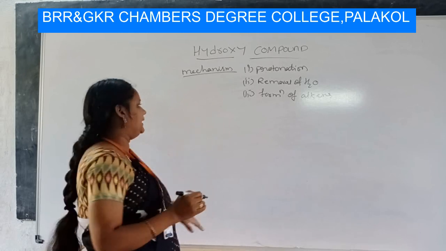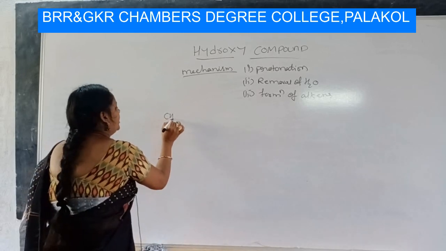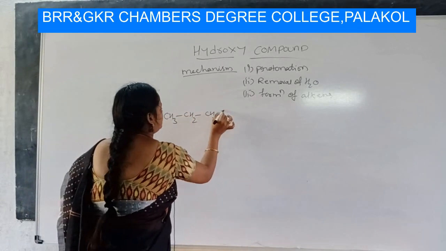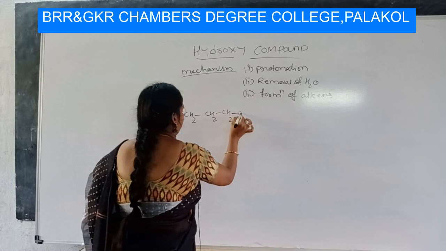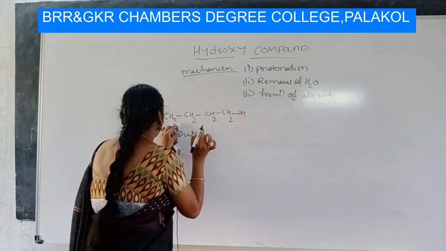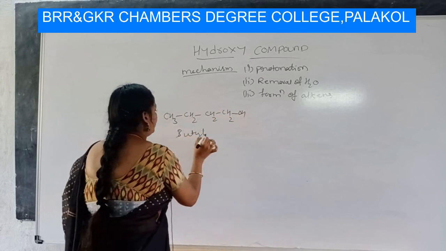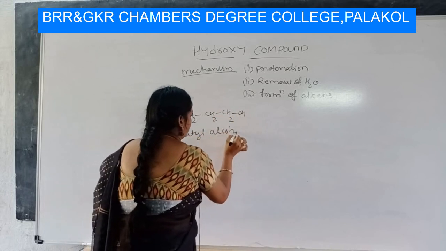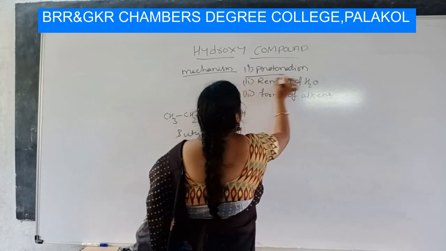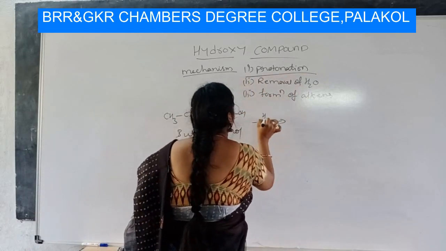For example, if you take CH3CH2CH2CH2OH, normal butyl alcohol, what happens? In the first step, what do we have to do, students?